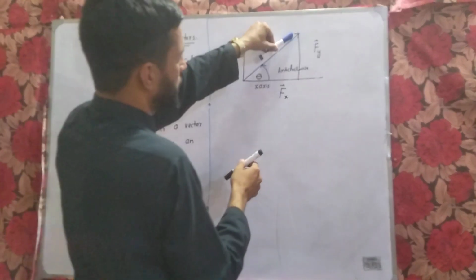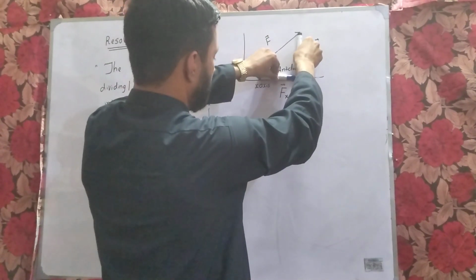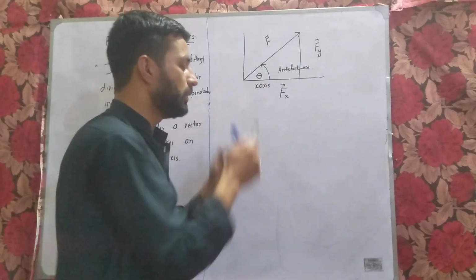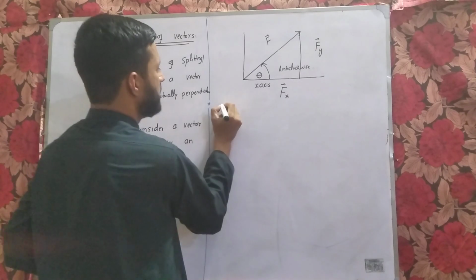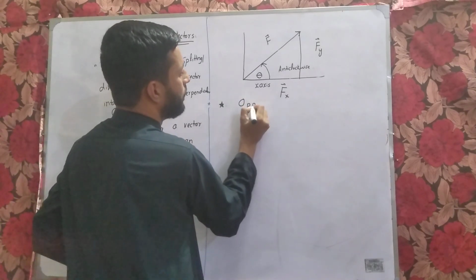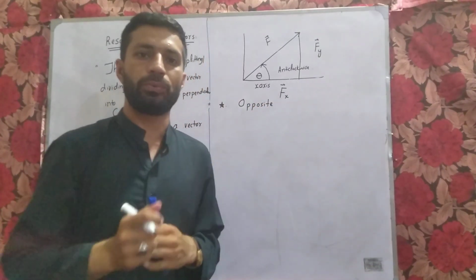This was the first vector, and it was resolved in such a way that it gives us two vectors that are mutually perpendicular. It is basically the opposite of addition of vectors. In addition of vectors, we add vectors to get a resultant vector.